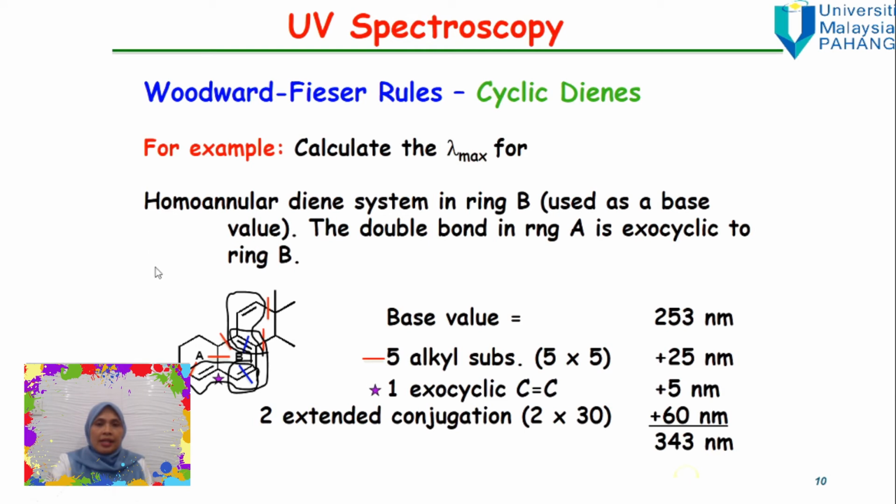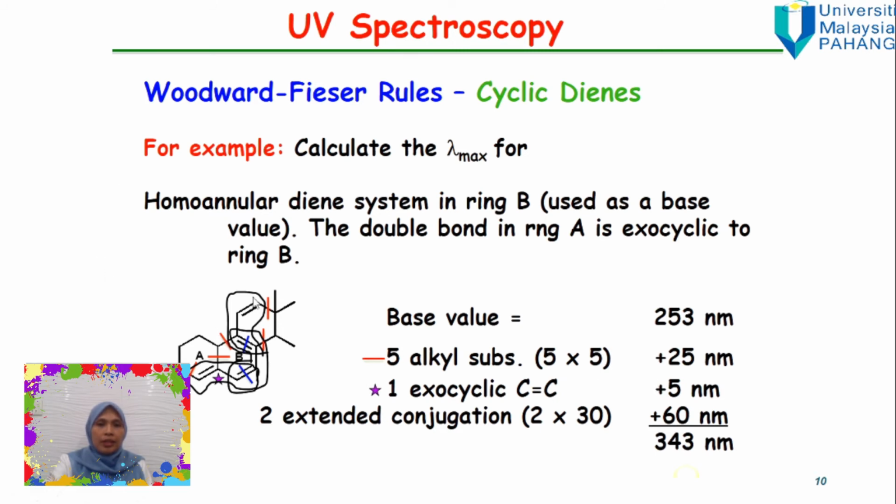And next is the example for the compounds that have extra conjugation. Just now we only calculated the base, the alkyl, and also the presence of isocyclic. Now we go further. In this case, how many diene groups? 1, 2, and 3. 3 diene groups. Which one will be considered as the base? The most considerable as a base is the homoannular.